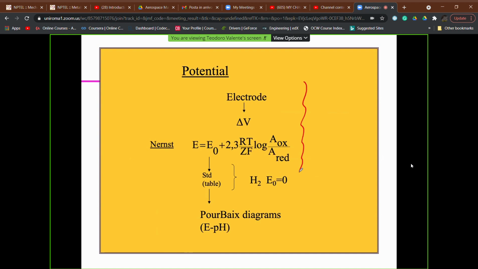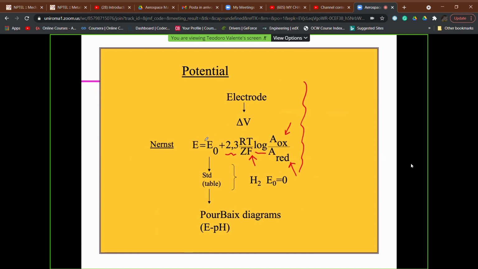We are talking about electrochemistry, thermodynamics, specialized by using the proper value of R, temperature, z, which is the number of electrons involved, the Faraday constant, and usually with the coefficient related to the use of log on a base 10 scale, not on a natural scale, with the activity, that is, concentration, of the oxidized species divided by the activity of the reduced species.